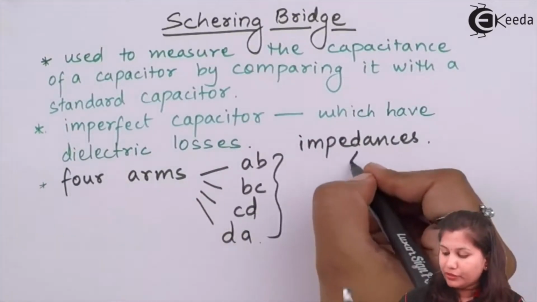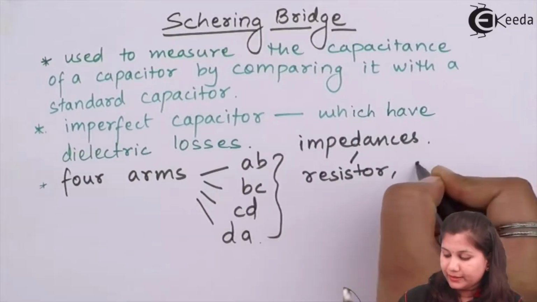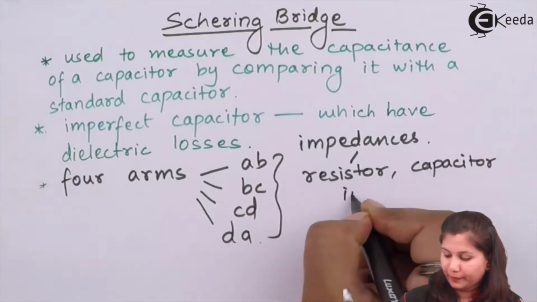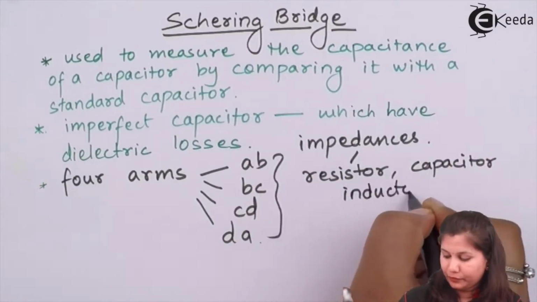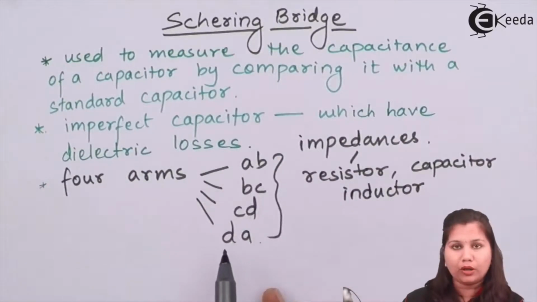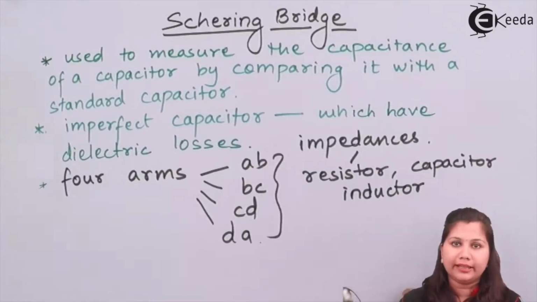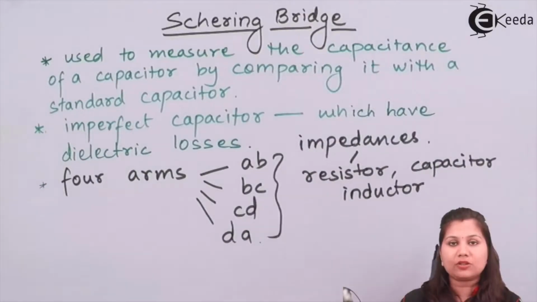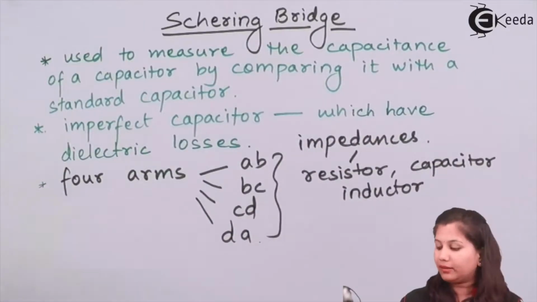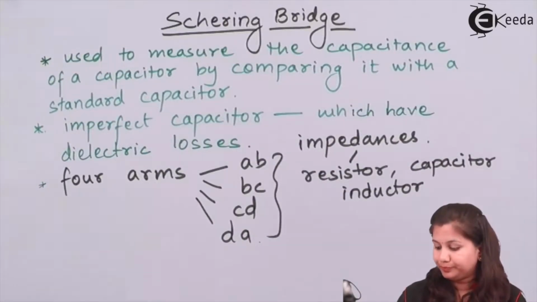Impedances are the combination of a resistor or a capacitor or an inductor. So these impedances in the 4 arms can be a combination of resistor, capacitor or an inductor. It can be a series or a parallel combination, or it can be only a capacitor, only an inductor, or only a resistor also.